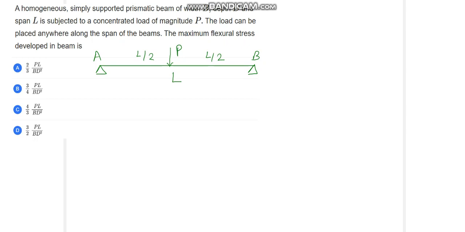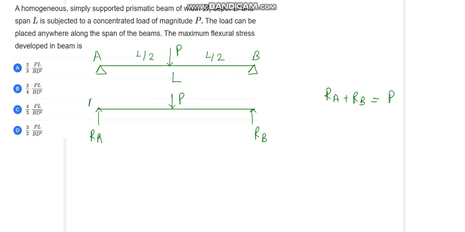Now we can find out the reactions at the two points A and B. It is RA, it is RB, it is P. Now we can write two equations: RA plus RB equals P, and second, taking moment at point A of the forces, RB into L equals P into L by 2.